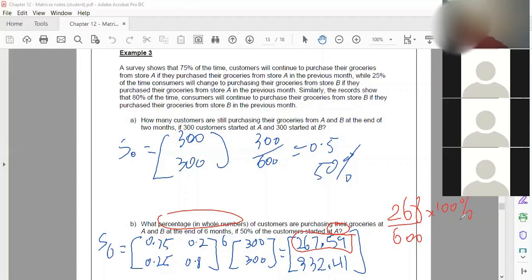So 268 divided by 600, times it by 100, I get 44.67. How many whole number? So 44.67%, which means 45%. Okay, rounding to the nearest whole number. 45%. Any questions on that one?